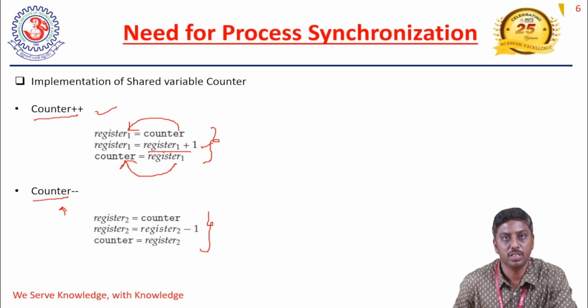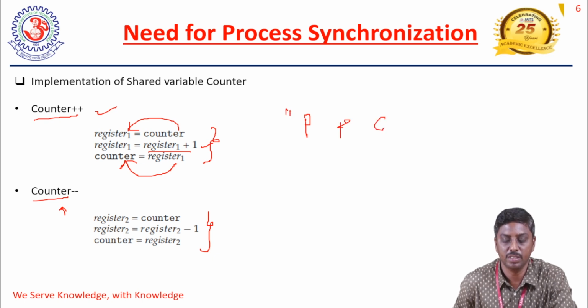It depends on the system allocation. Clear, right? So now I replace counter plus plus with 3 statements and counter minus minus also with these 3 statements. Now assume that these two processes, producer and consumer, are running concurrently.